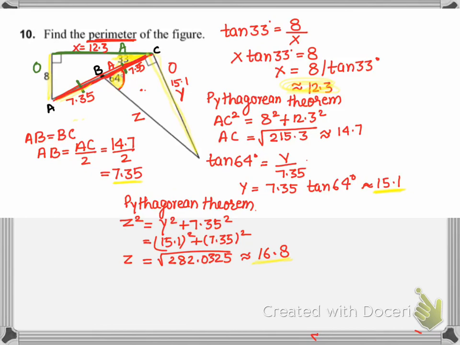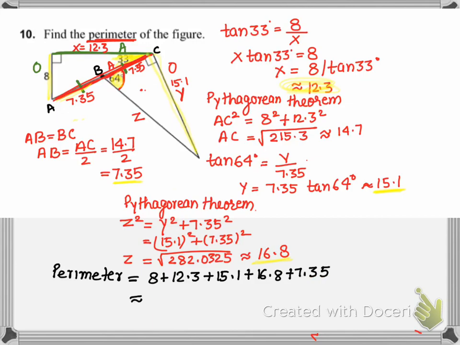So now perimeter is what? Let's find the perimeter. Just add all the values here. 8 plus 12.3 plus 15.1 plus, and z was 16.8, plus 7.35, and when I add everything, my answer is roughly equal to 59.6.